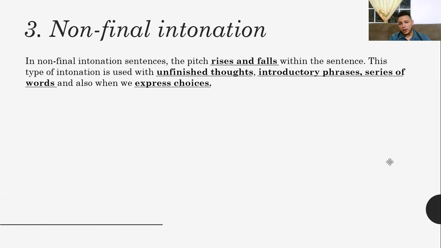So it's used for different things, as it says: unfinished thoughts, introductory phrases, series of words, and expressing choices. And it says rise and fall. When it says rise and fall within the sentence, it means that it starts with a normal voice, then it rises, and then the sound of the words decreases, falling down.